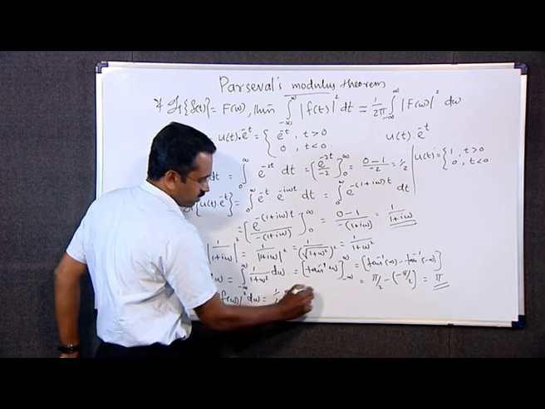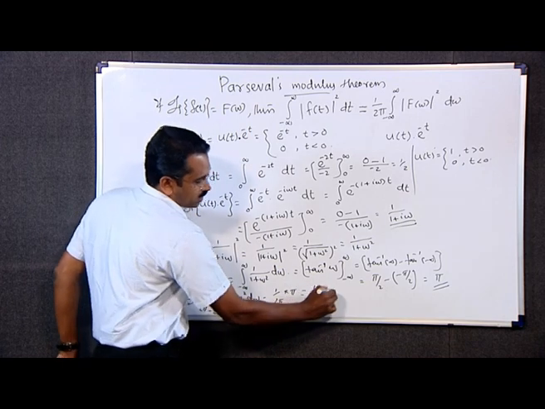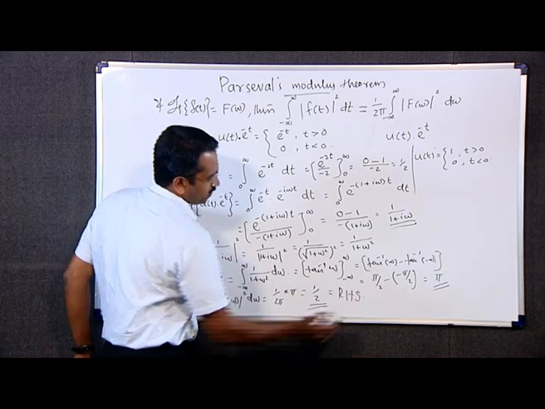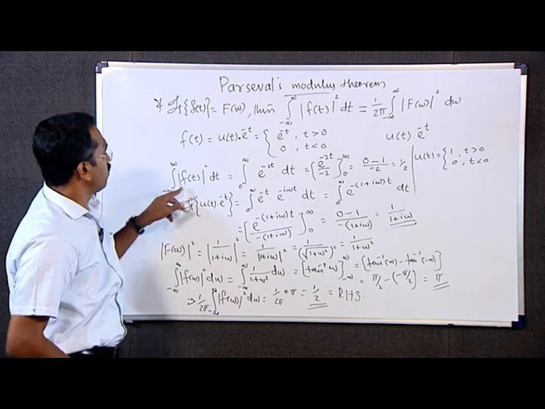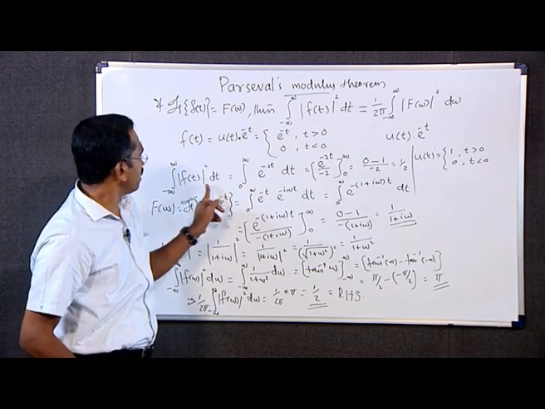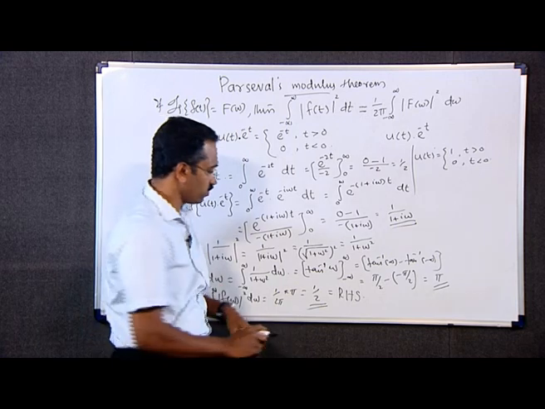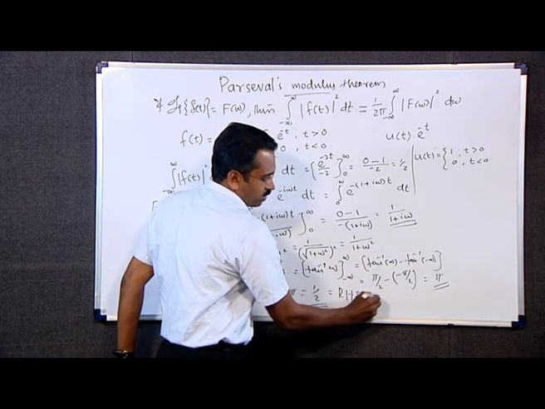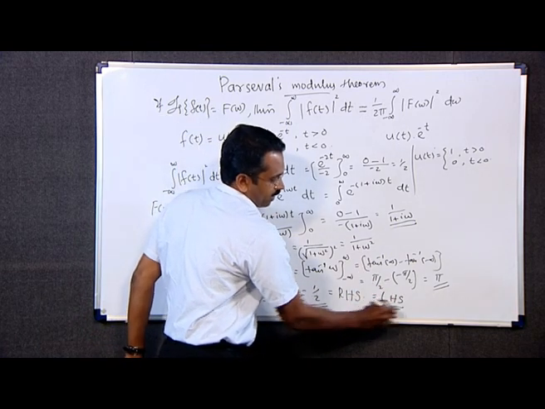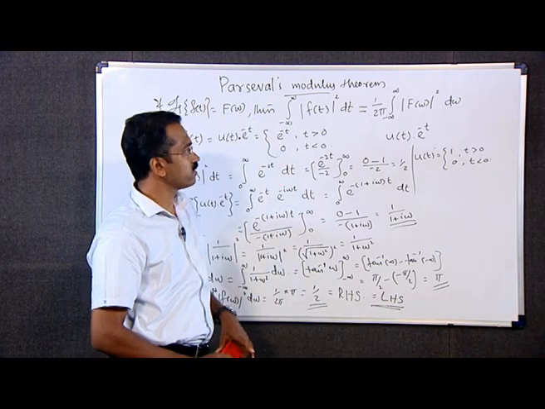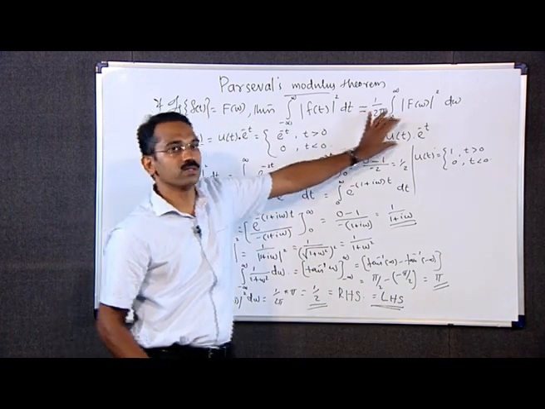That is 1 by 2, which is the right hand side. We got the left hand side integral as 1 by 2. Therefore, RHS equals LHS. Hence, we verified the Parseval's identity for this given function.